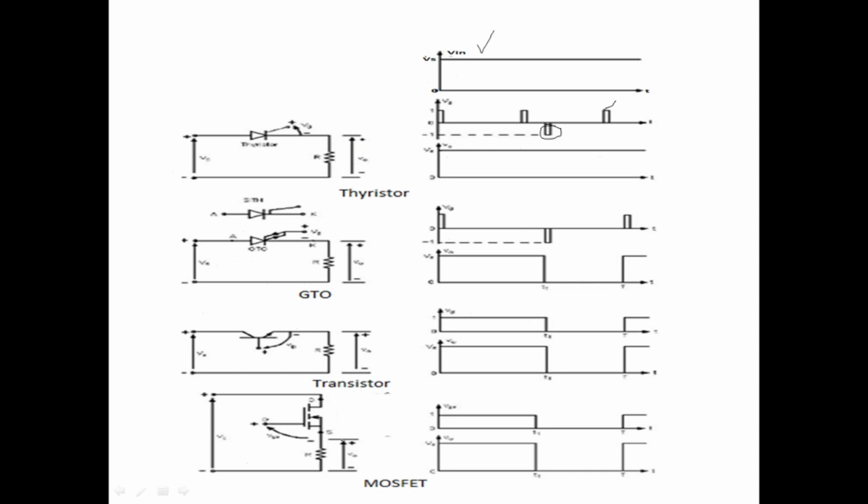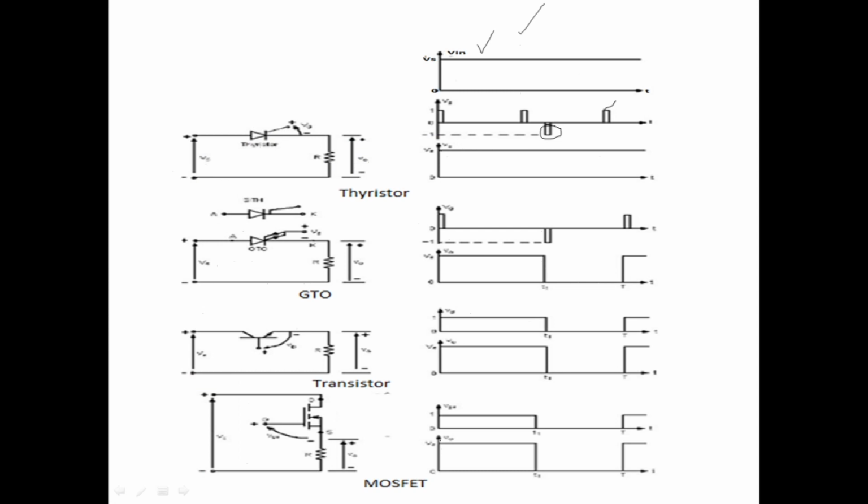If you remove that gate source voltage, the channel is not created, so there is no connection between drain and source. Here also we are applying an input voltage like this. This input voltage reaches the load only when this MOSFET is in on state. To turn on the MOSFET, we should apply gate source voltage.